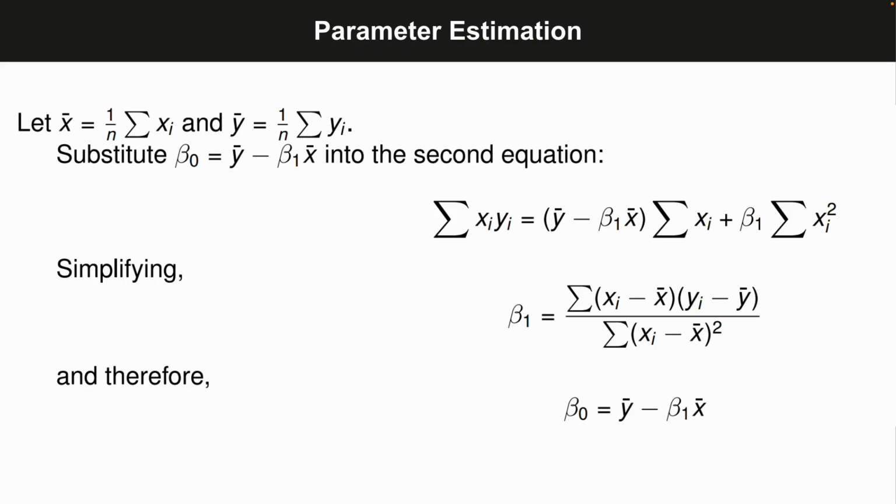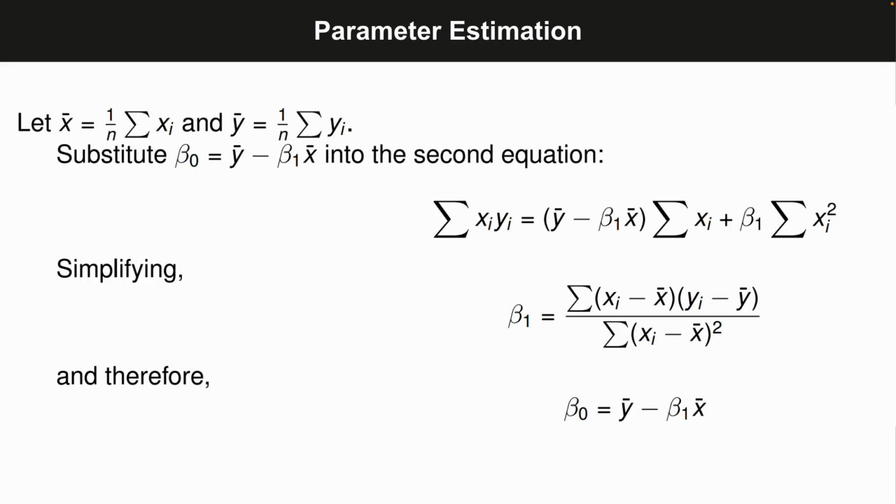The approach we took here was that we differentiated that function with respect to beta 0 and beta 1, and derived the values of beta 0 and beta 1.